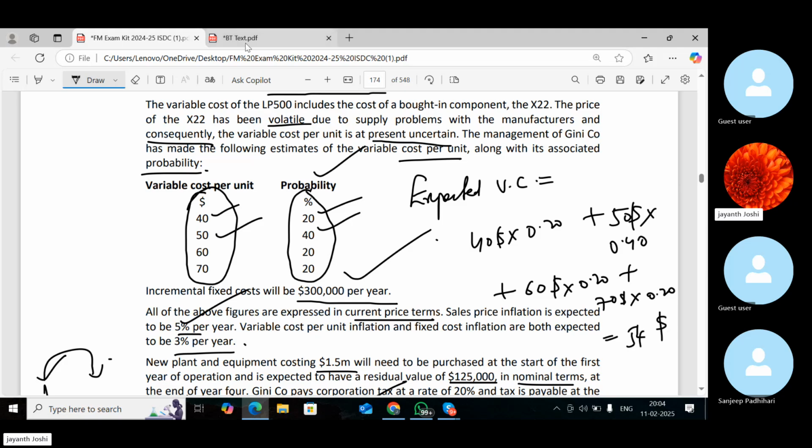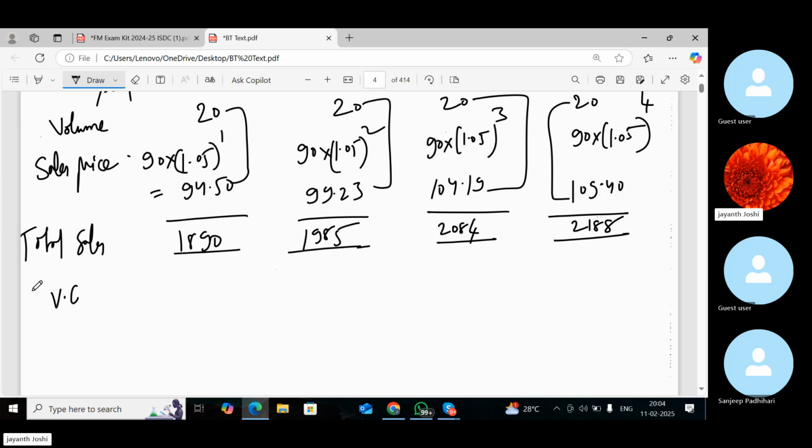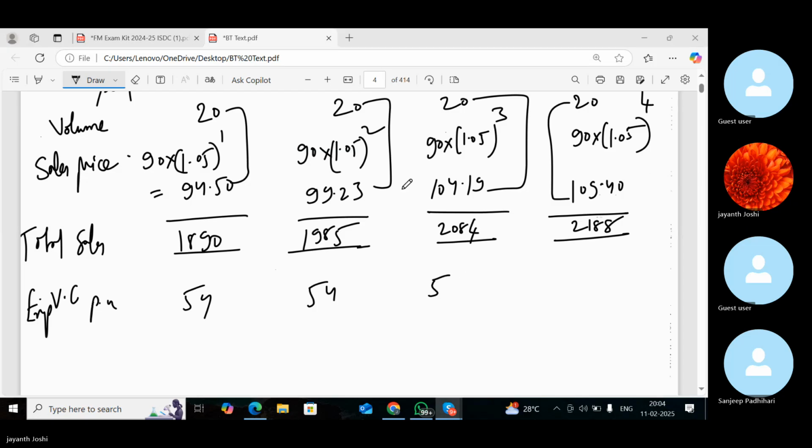That is what we're going to take now. So the expected variable cost per unit is 54. But it's going to change, and we are going to multiply. We'll do the adjustment, 54 into 1.05. What's the inflation rate?